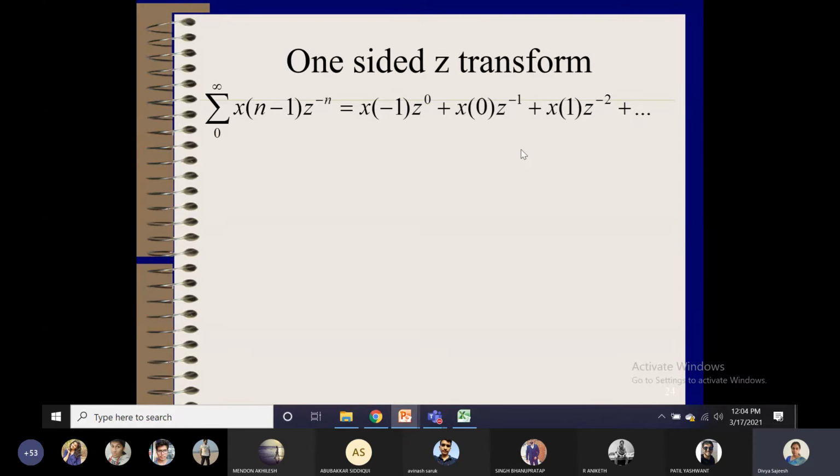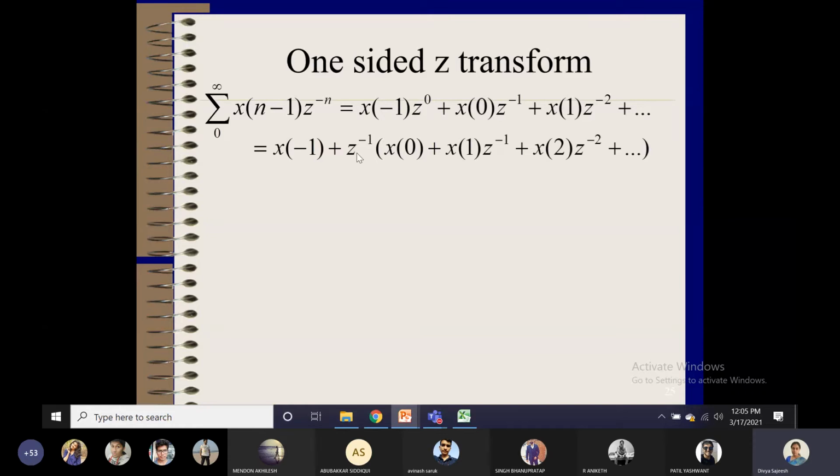Now, if I take z inverse common from the second term onwards, you can see that from the second term onwards we have z minus 1, z minus 2, like that in the later terms also. So from the second term onwards, let us take z minus 1 common. The first term is as it is, x of minus 1, z raised to 0 is 1, so let us write it as x of minus 1 only, plus z inverse.